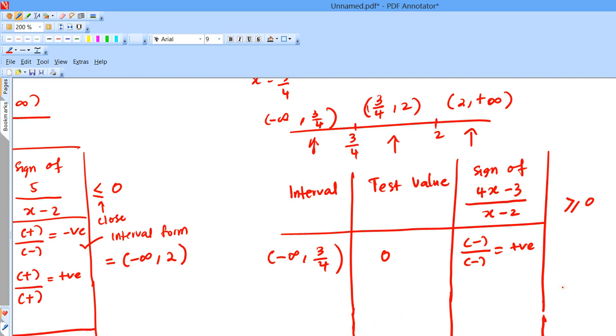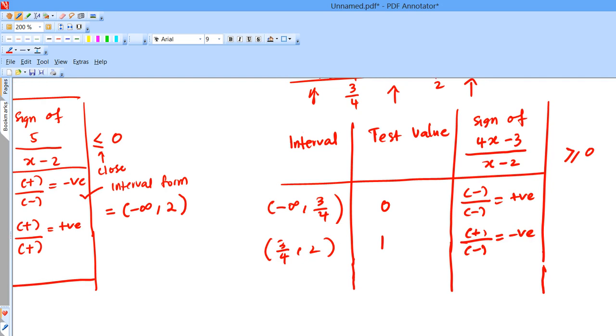And then the second interval, 3/4 to 2, we can choose x = 1, and then substitute: numerator positive, denominator negative, equals a negative sign.